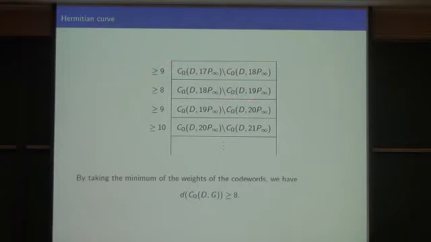And so the minimum distance has to be 8. So this is how we find the minimum distance. You divide the code into little cosets. You measure the weights in the cosets, and you take the minimum of the weights. So in this case, the minimum distance is 8.